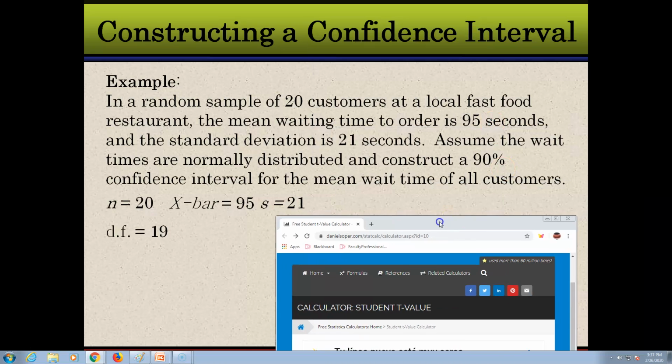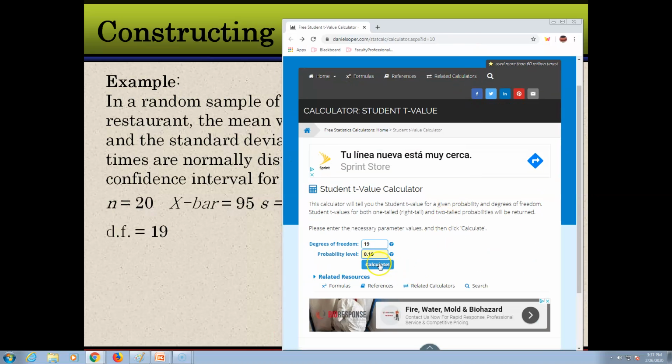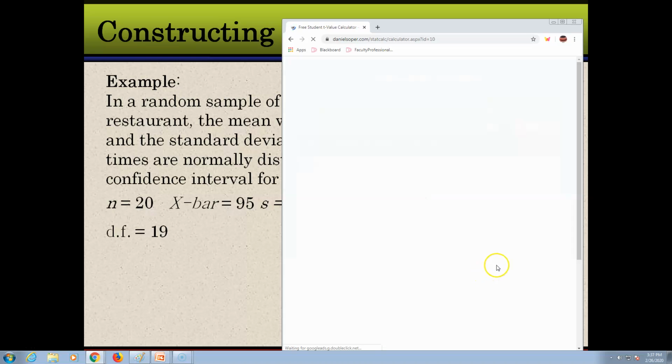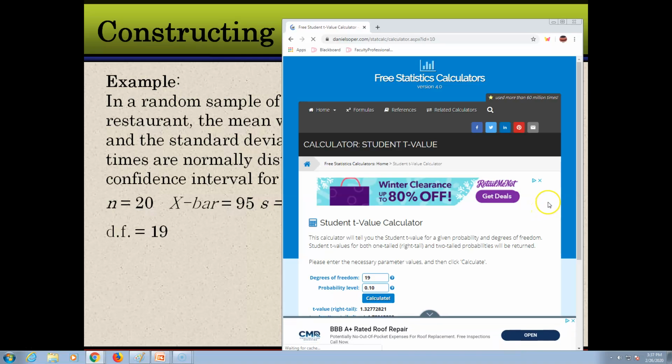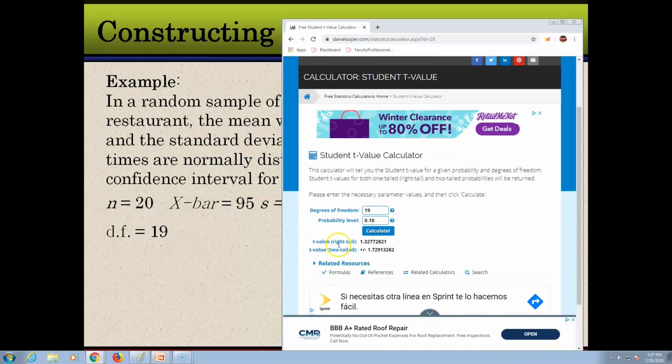So how do I find the probability level? Take the 100%, that's the maximum percent allowed, subtract the confidence level, 90%, I get 10%, and 10% as a decimal is 0.10. Now click calculate. When you click calculate, you're going to find several T values. We have a T value called right tail, and a T value called two tail. The one we're using is the one that says two tail.